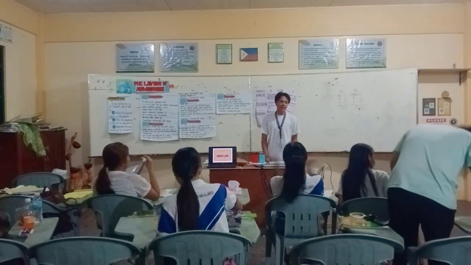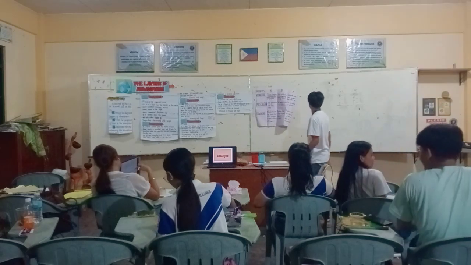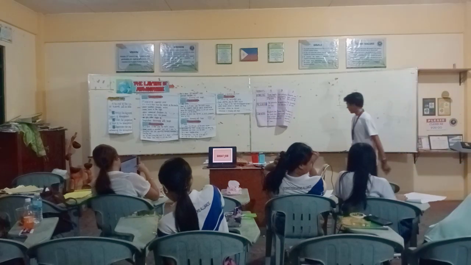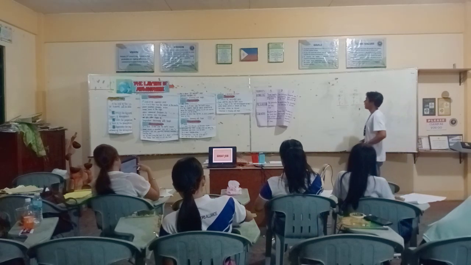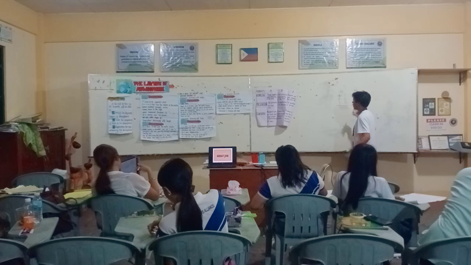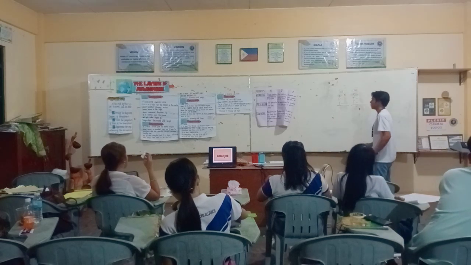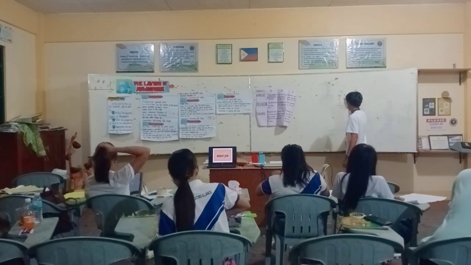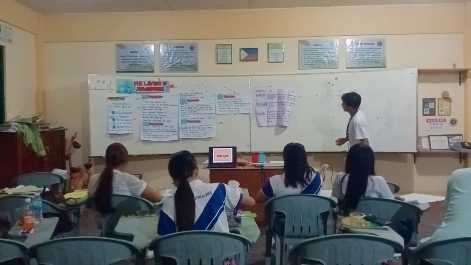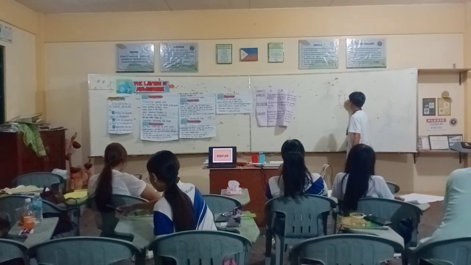A round of applause. Now for the ratings. For group 1, for knowledge, I will give them 5 points. For presentation, another 5 points. And for teamwork, I'll give them 4 points.